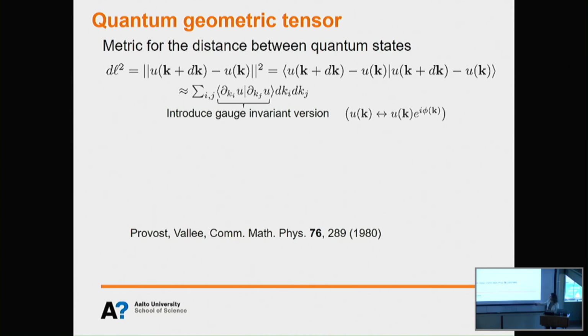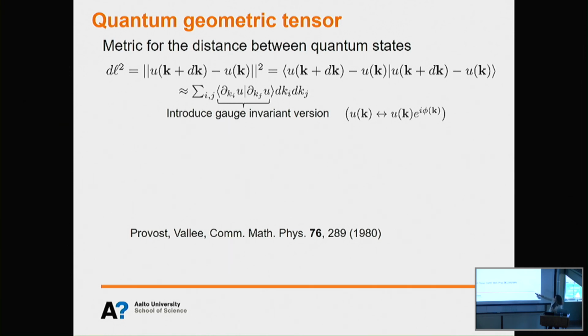These people wanted to make a definition for quantum metric in the sense that if you make an infinitesimal change in a parameter, how does your wave function change? So how far is the state when you make this small change? And then you can show that it looks like this.